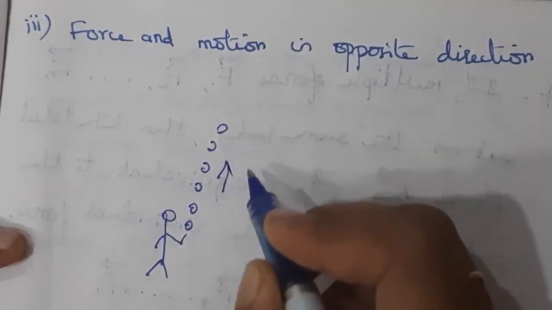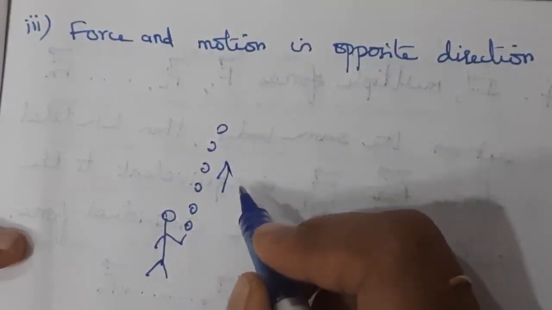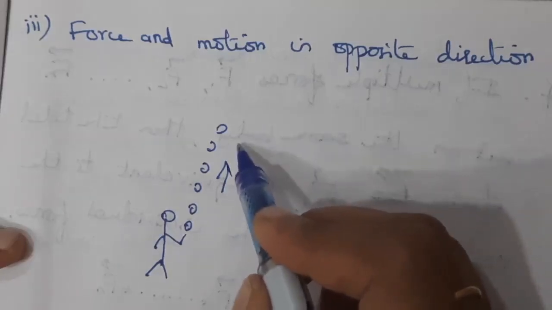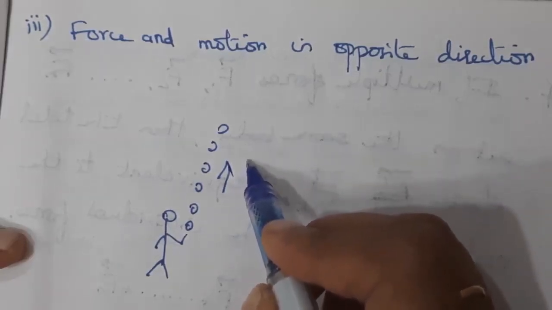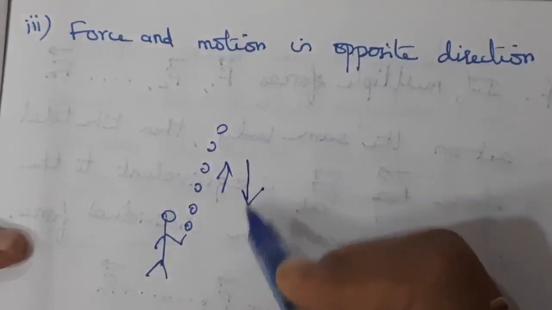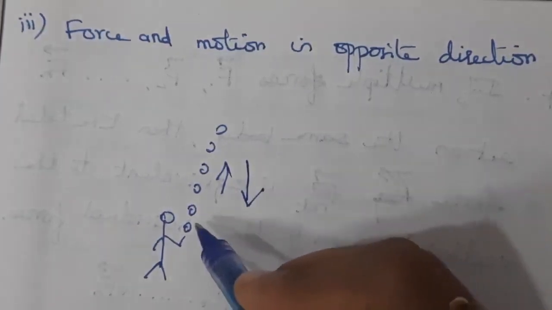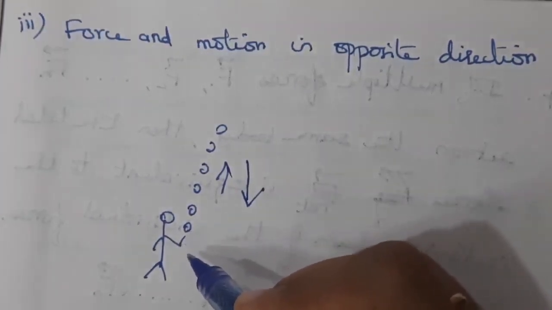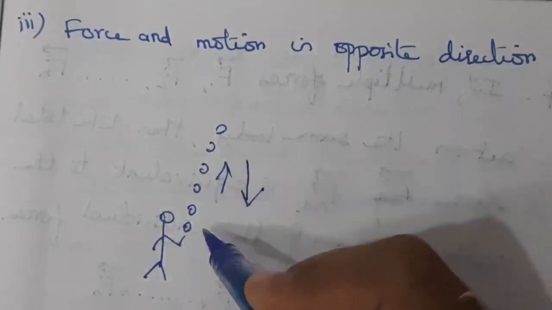This is the direction of the motion of the object. But the gravitational force is acting downward. Here, the force and the motion are in opposite direction.